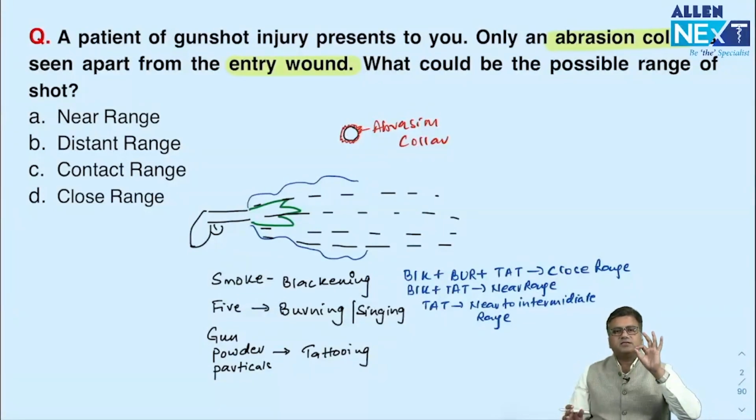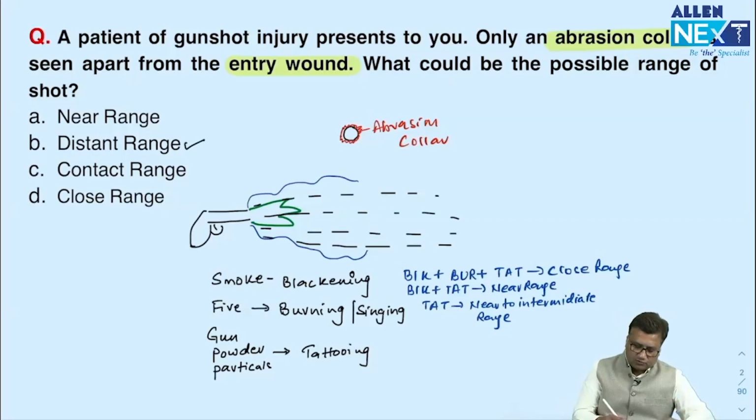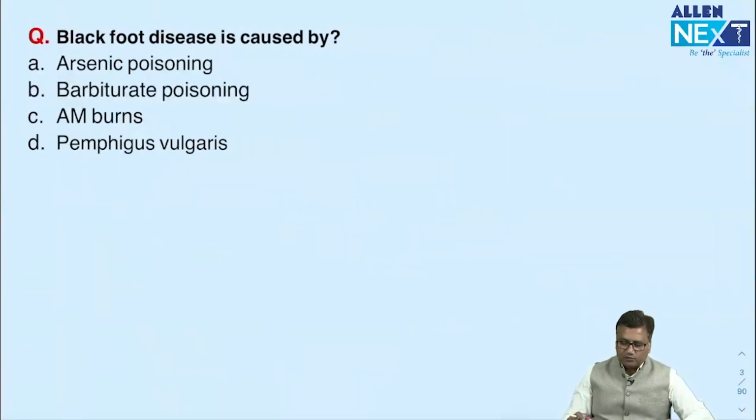What has been given to us is that only abrasion collar and an entry wound is present, which means the bullet has been shot from a distance which is quite far from the body, so that neither fire nor smoke nor tattooing particles could reach the body, and such a range is called distant range. So the correct answer here should be distant range shot. Okay, let's move on to our next question.